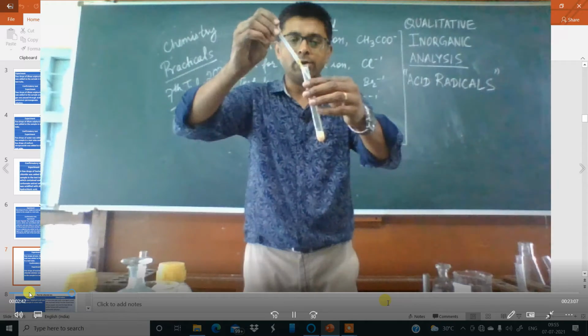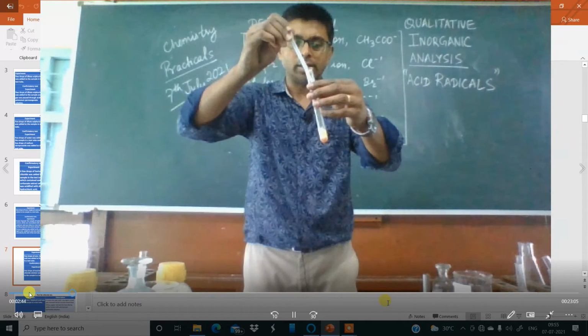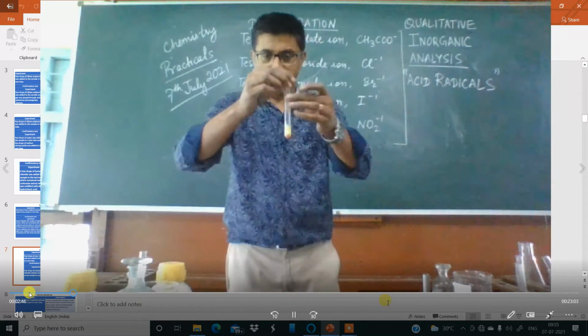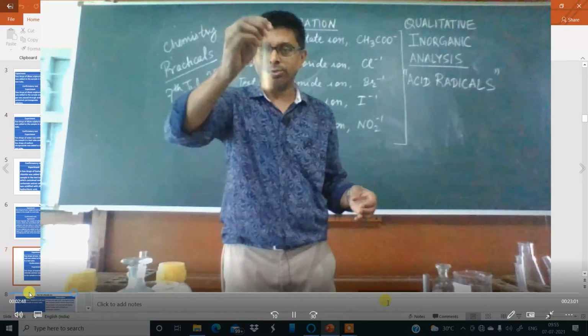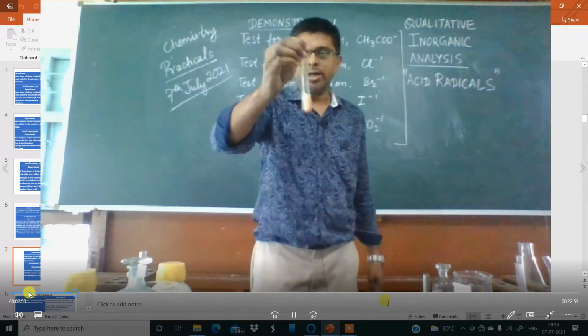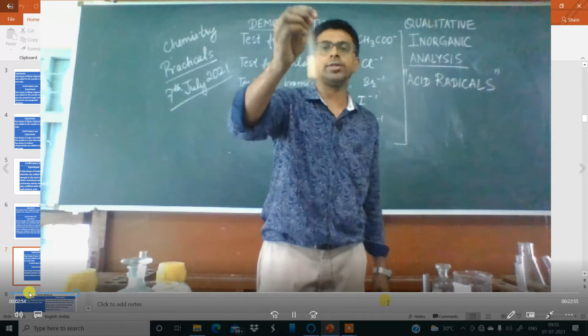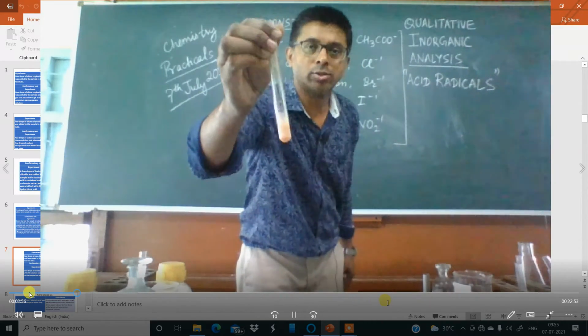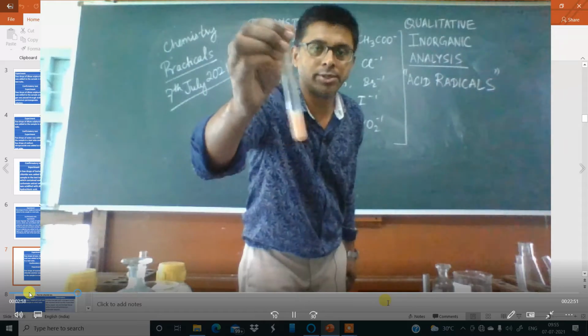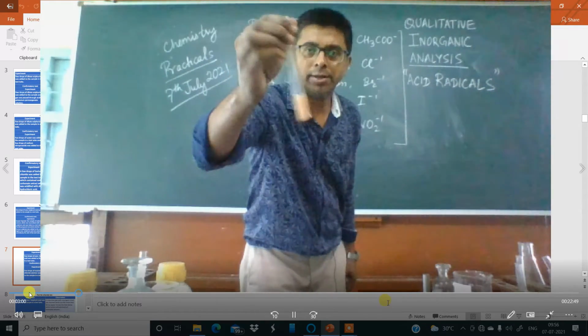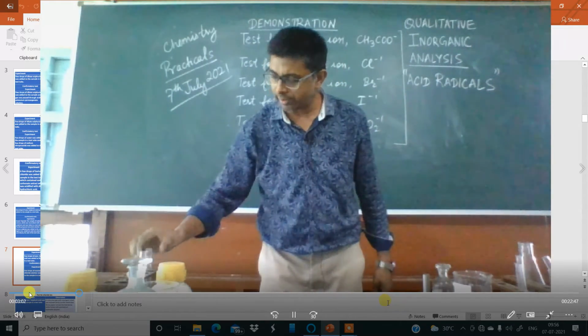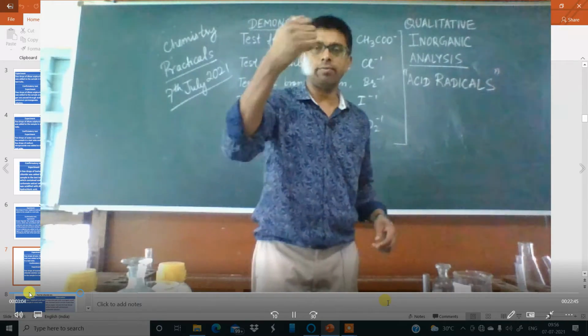I added sufficiently over there, and the observation was supposed to be blood red coloration on standing for some time. So I had kept the test tube containing neutral ferric chloride and the sample in the test tube rack for the color to change into a blood red coloration.